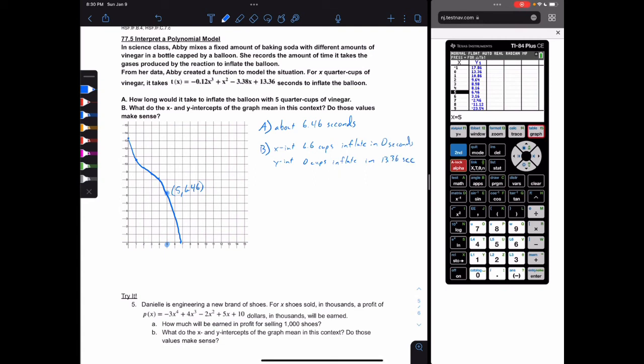So do those values make sense? No. The intercepts are not realistic. We'll just leave it at that. And that's all I'm really going to say for that one.